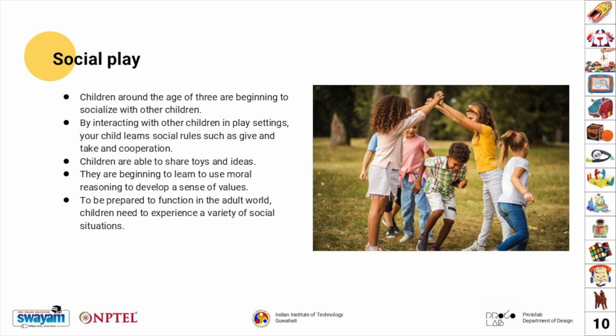It also supports emotional regulation by releasing energy and stress. Games like tag, hide and seek, and ball games combine movement with social rules. Children learn both physical control and social control together.